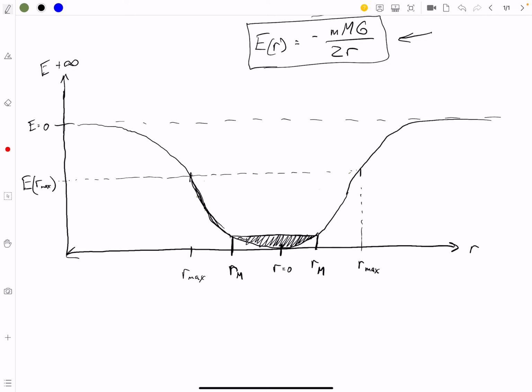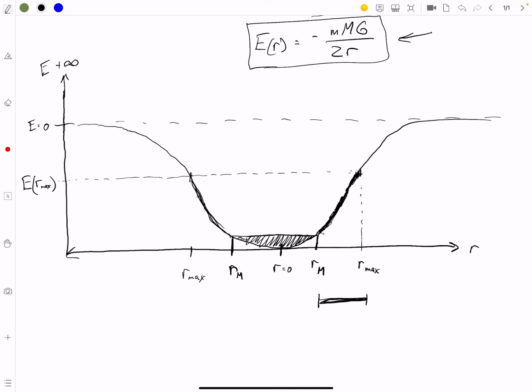Okay? We can do things, but we have this much energy, and we're going to go back and forth along that path. We can go from the minimum to the maximum R, back and forth, and we're going to do it along this curve. Okay? That's our energy curve.